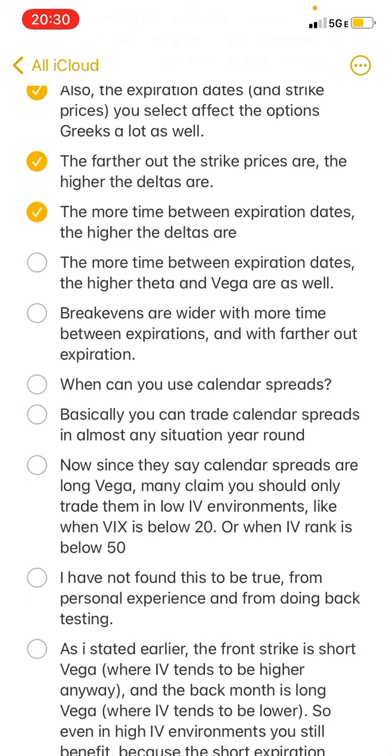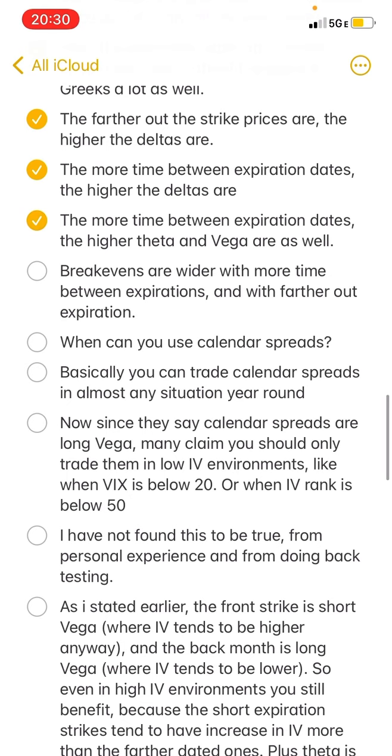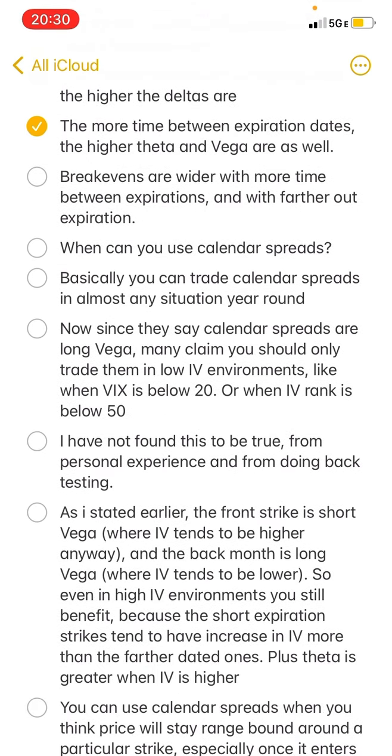So if you have the 850 calendar spread with the short and long call 1 week apart, and you have the one where they're 4 weeks apart, the one with 4 weeks apart is going to have a higher delta. The more time between the expiration dates, you're also going to have higher theta and higher vega as well, and that's net overall.